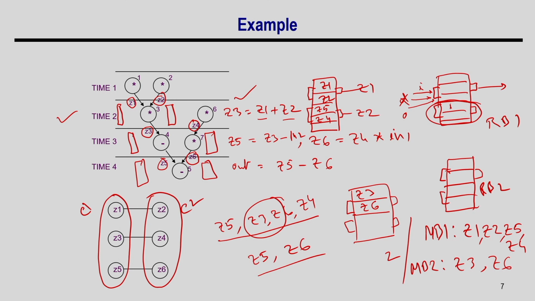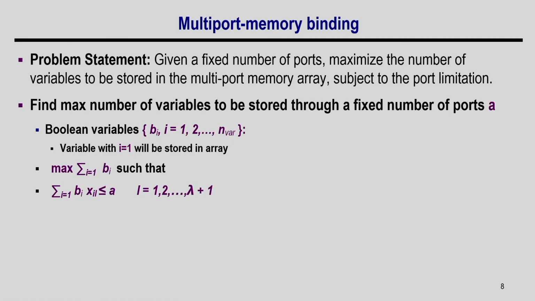If I now define the problem statement, this variable to multi-port binding problem can be defined as follows: given a fixed number of ports, maximize the number of variables to be stored in a multi-port memory such that the port limitation is not violated, right. So, I want to map the maximum number of variables to a memory such that their accesses are satisfied by the number of ports available.